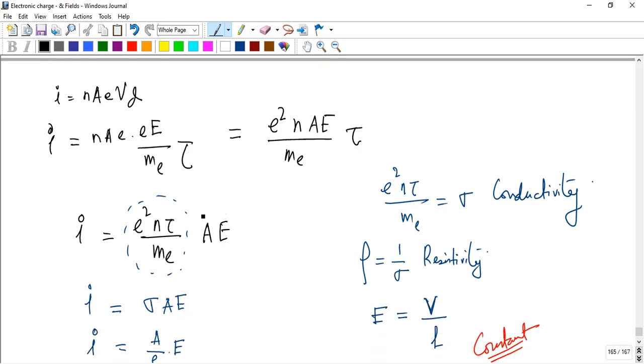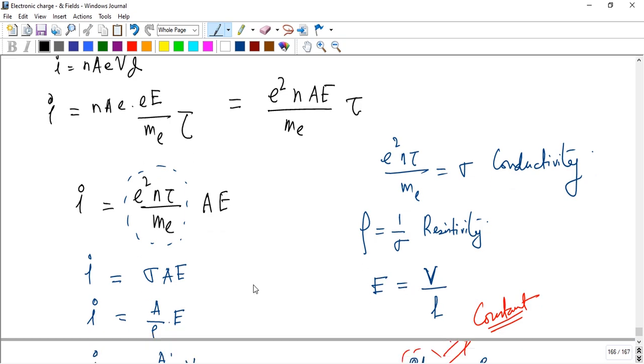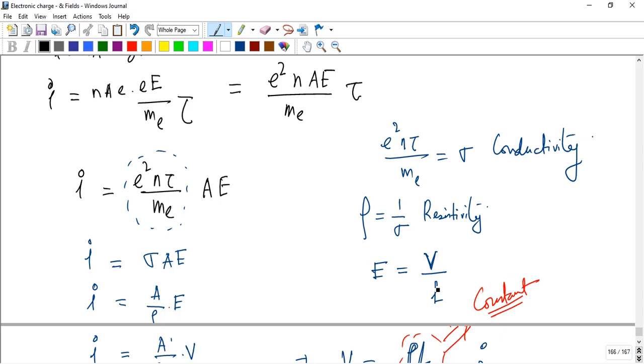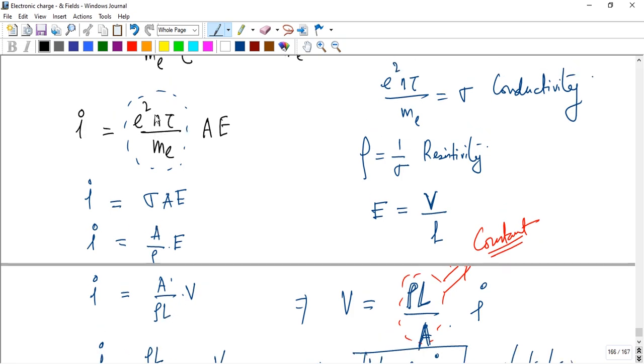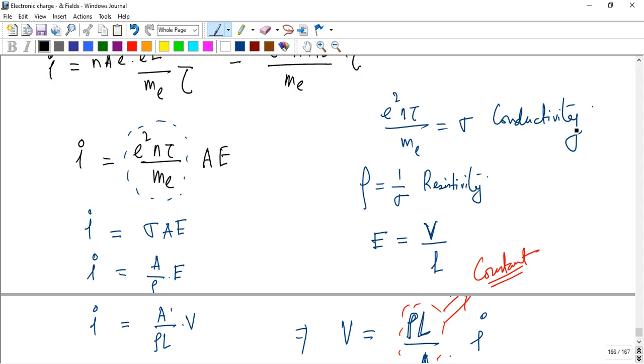We know from the previous chapter on potential that electric field is equal to V potential by L, where L is the conductor length. So now replace E with V by L, and that constant expression is called conductivity. That's very important, it has a new name: conductivity.